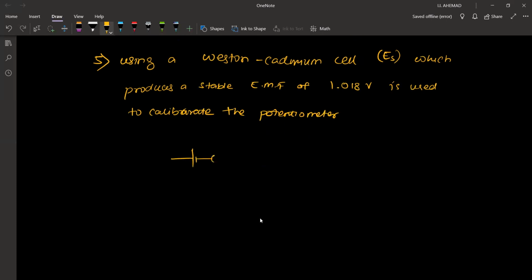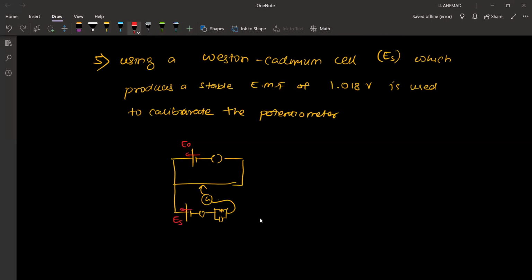So the setup will look like this. I'll draw it in the simplest form. This is E naught and now this is ES.